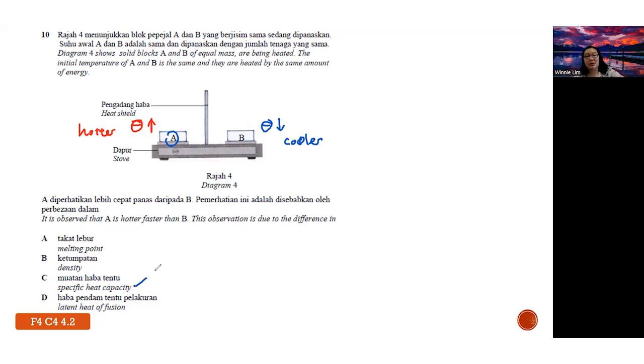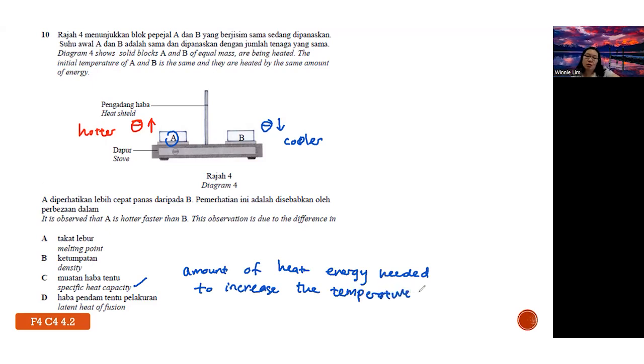What is actually specific heat capacity? Specific heat capacity is the amount of heat energy needed to increase the temperature of 1 kg of substance by 1 degree Celsius.